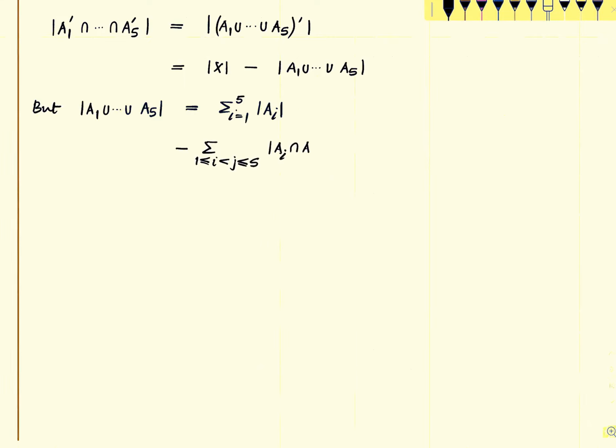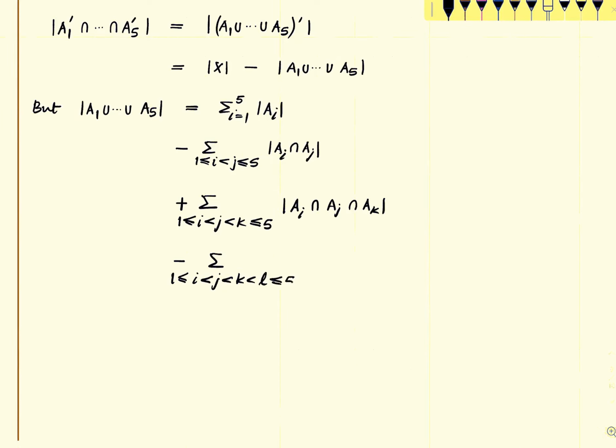Minus that, minus. Sorry, this was a plus. Now a minus. We do not really need to write everything, but I'm being very, very fastidious. And then a plus. So this is actually just the intersection of all of them.